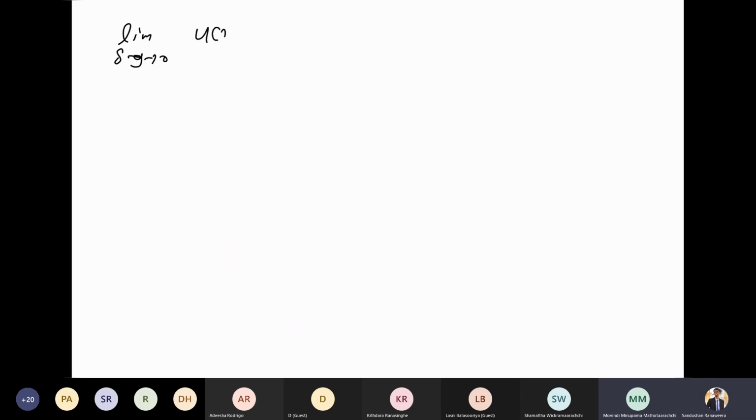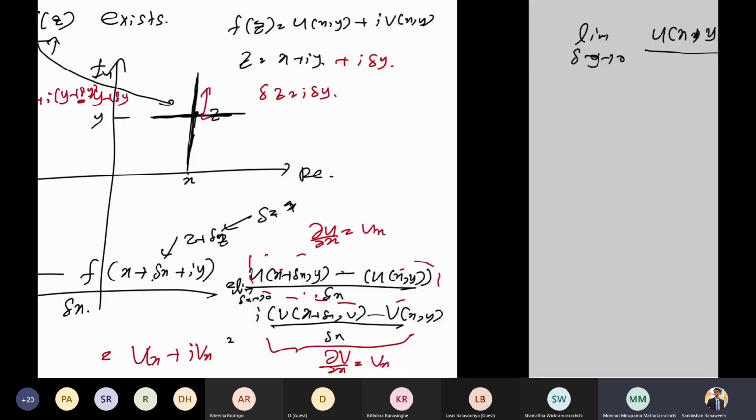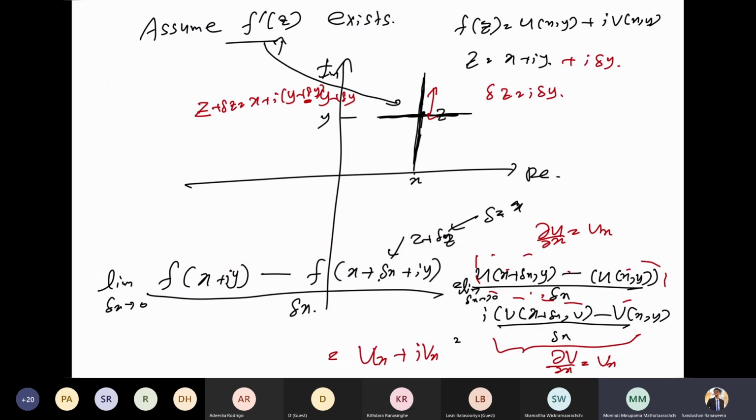It becomes u(x, y plus delta y) minus u(x,y). I straight away write this. You can clearly see that if z plus delta z, you put y plus delta y instead of y. Then you can subtract, and I simply write this straight away: f(z plus delta z) minus f(z), right?